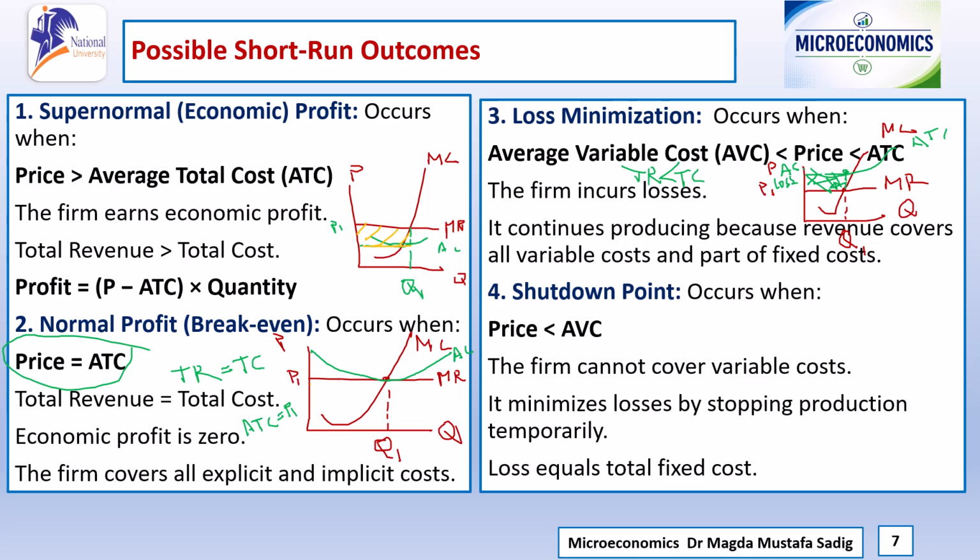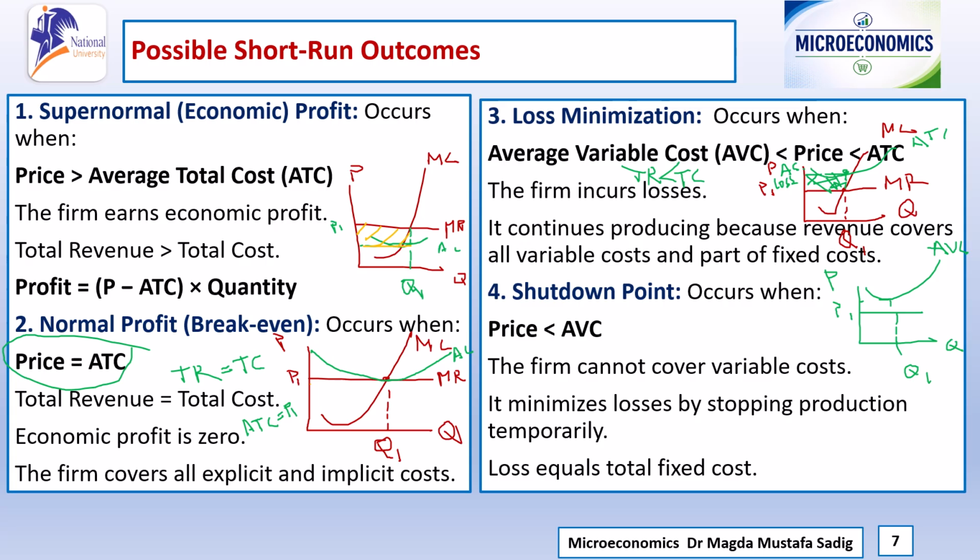But if the price is less than average variable cost, like this, this is average variable cost, and this is the price for producing Q1. I mean, for producing Q1, this is Q, this is price, and this is price 1. Here the firm has to shut down. Here the firm has to shut down.